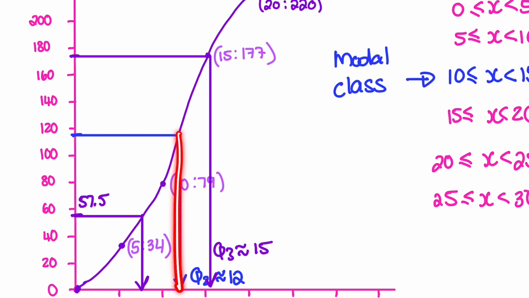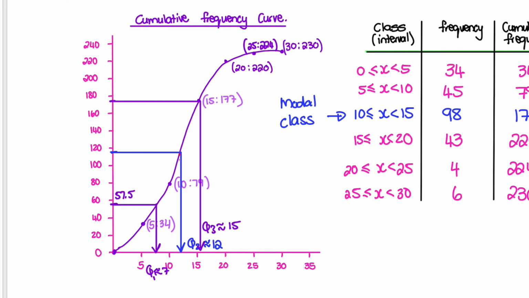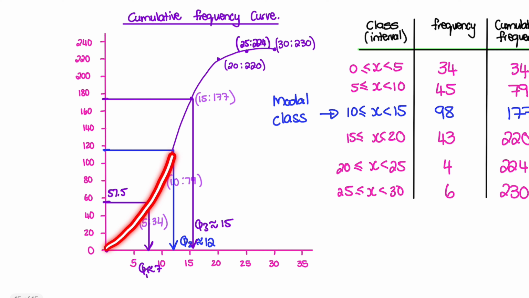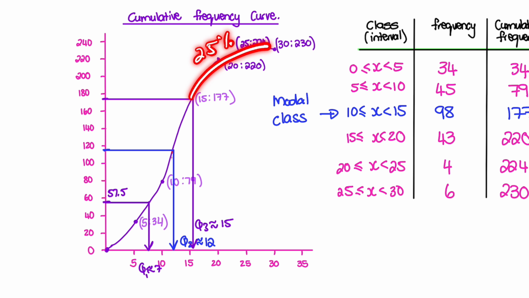For quartile 2, 50% of the data would be less than that value of 12, and that means that the other 50% would be bigger than 12. For quartile 3, where we had the value of 15, that means that 75% of the data would be less than 15, and 25% of the data would be higher than 15.